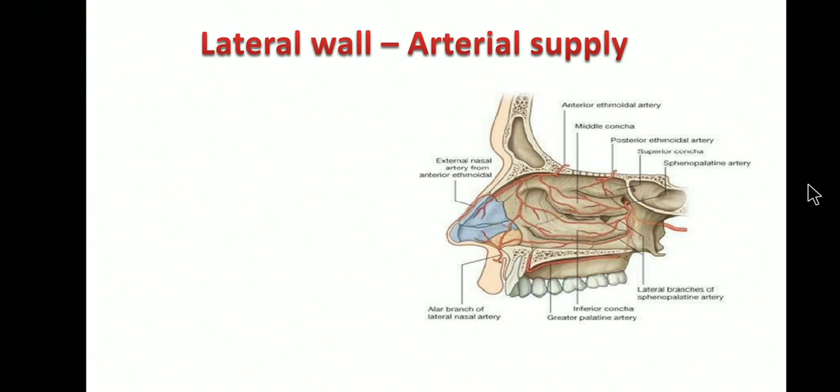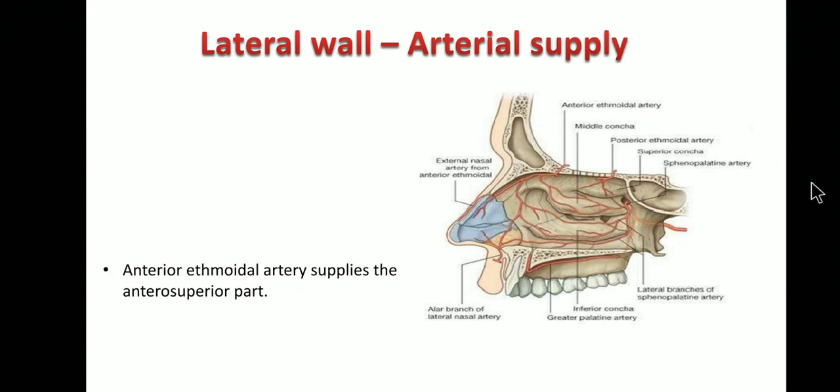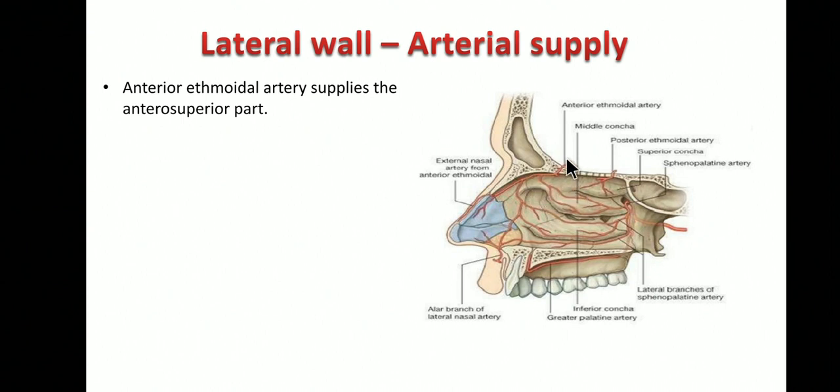Now coming to the blood supply or arterial supply of the lateral wall, it is mainly supplied by the branches from the anterior ethmoidal artery in the anterosuperior quadrant. Certain books divide it into 4 quadrants for easy understanding, but there is no hard and strict rule, because most of these arteries overlap.